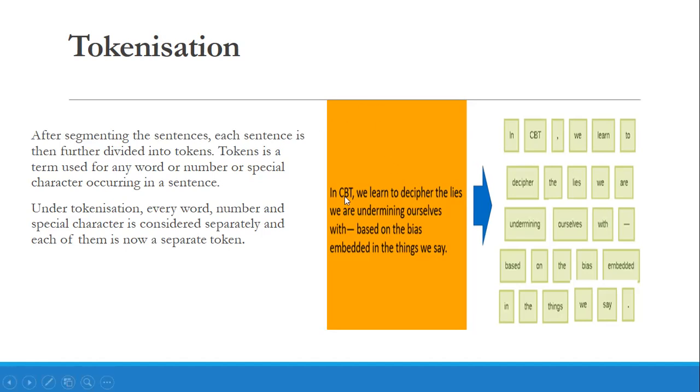That means even a comma is counted as a token, a hyphen is also considered a token, and a dot is also considered a token. Tokens are not only the words, they can be numbers and special characters also. Under tokenization, every word, number, and special character is considered separately. If you see in this example, this is how the document looks after applying tokenization.